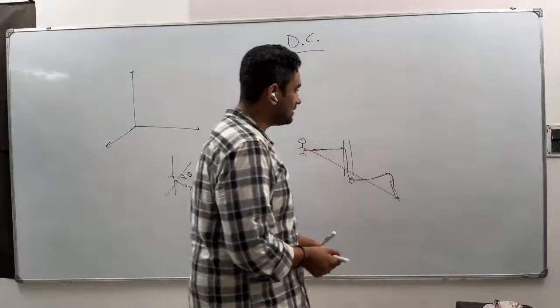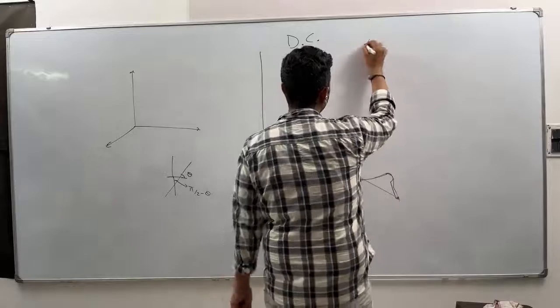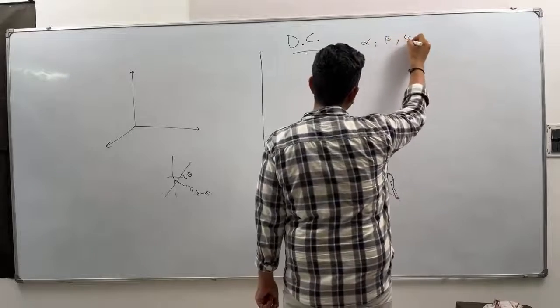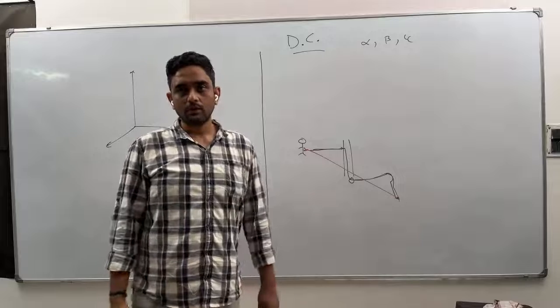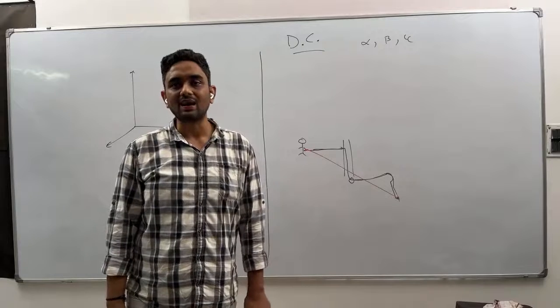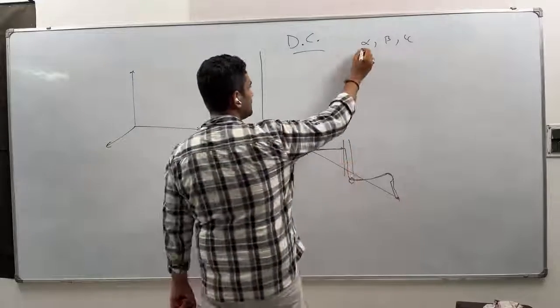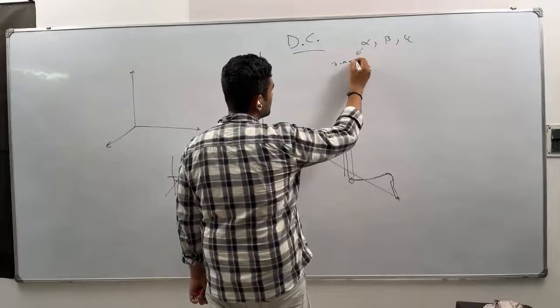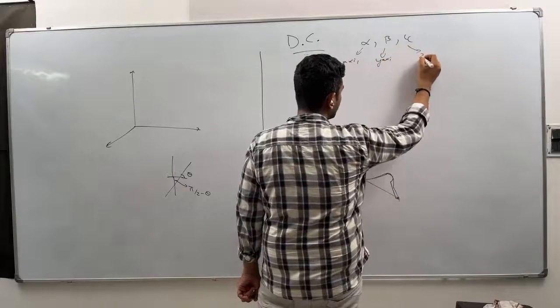So we say that, let's say a line or a vector or any figure makes angles alpha, beta, gamma with the x-axis, y-axis and z-axis respectively: alpha with the x-axis, this is making beta with the y-axis, and the last one is the z-axis.